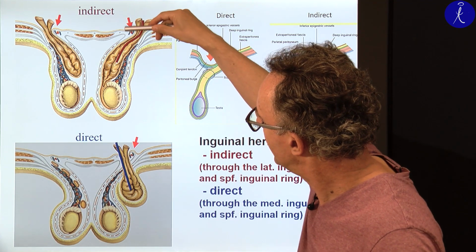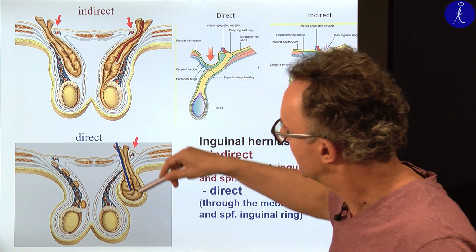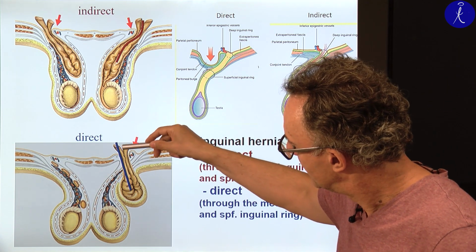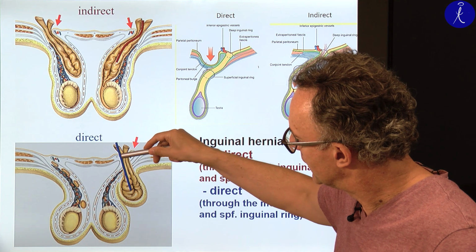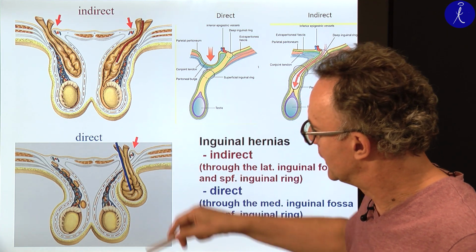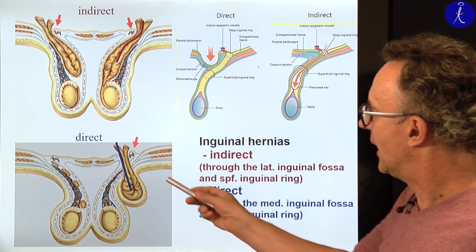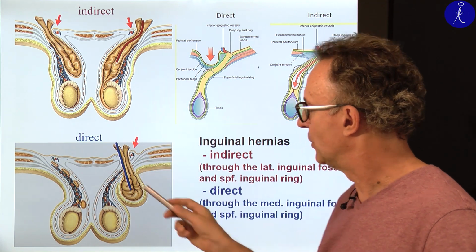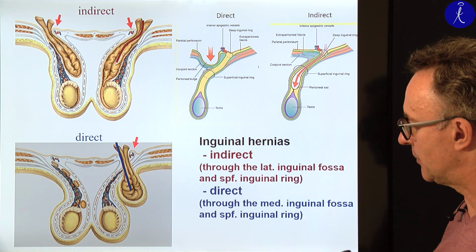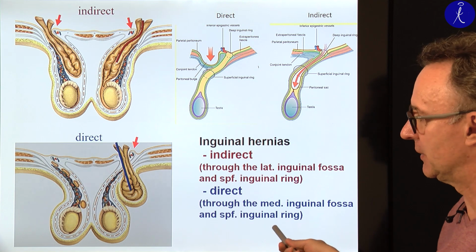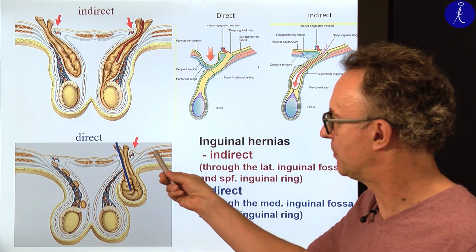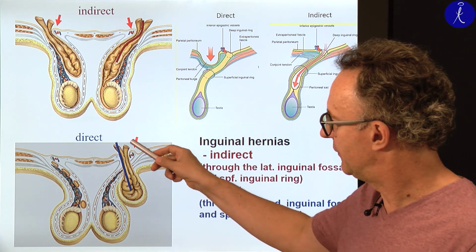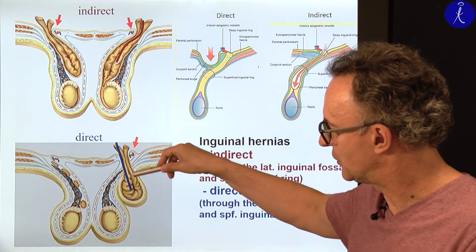If we pass through here, medial to the lateral umbilical fold, through the medial inguinal fossa, this will be direct. The outlet, otherwise, is the same. So where we see the protrusion from outside is through the superficial inguinal ring in both cases, but the start point will be different. If it's from the medial, then it's shorter, that's why it's called direct.